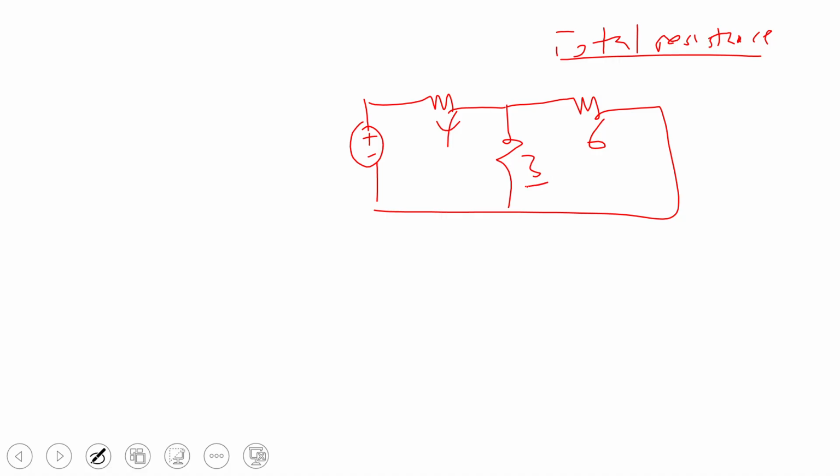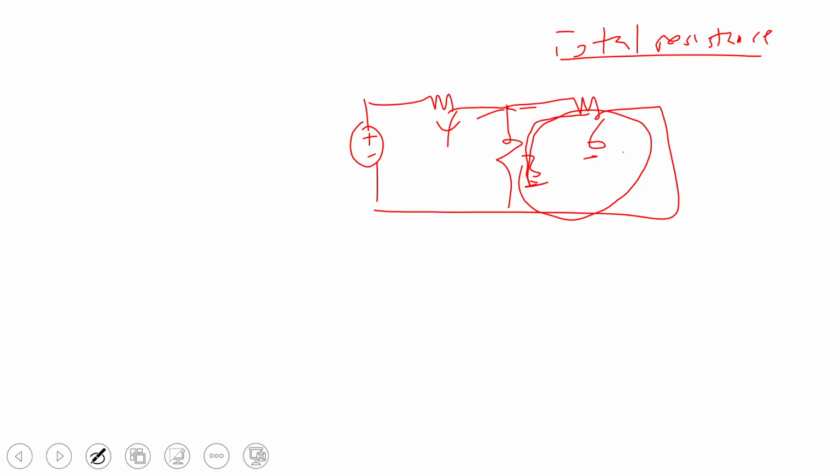Now let's try to check whether 3 and 6 are in series. Realize that the current that passes through this 3, when it gets to this junction, it splits. So 3 and 6 are not in series. But let's check whether they are in parallel. When I go around them, I don't see any other element. So 3 and 6 are in parallel. Now, realize that this time they were not in series, but they happen to be in parallel.